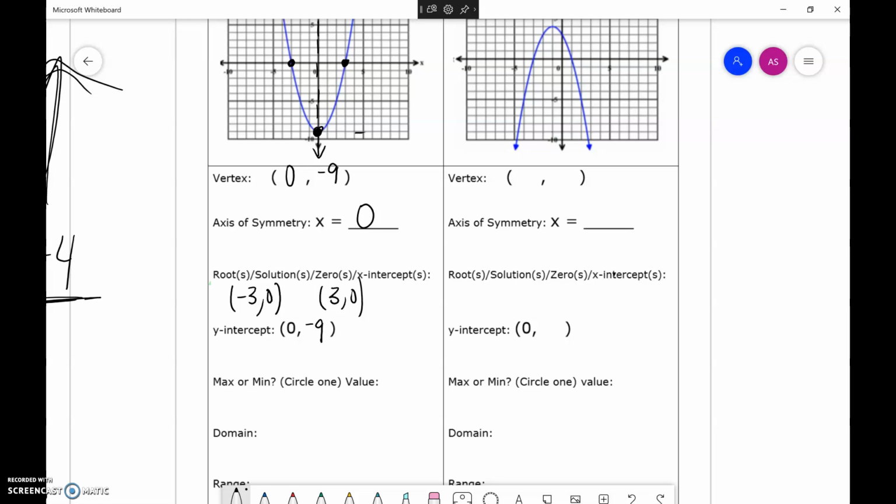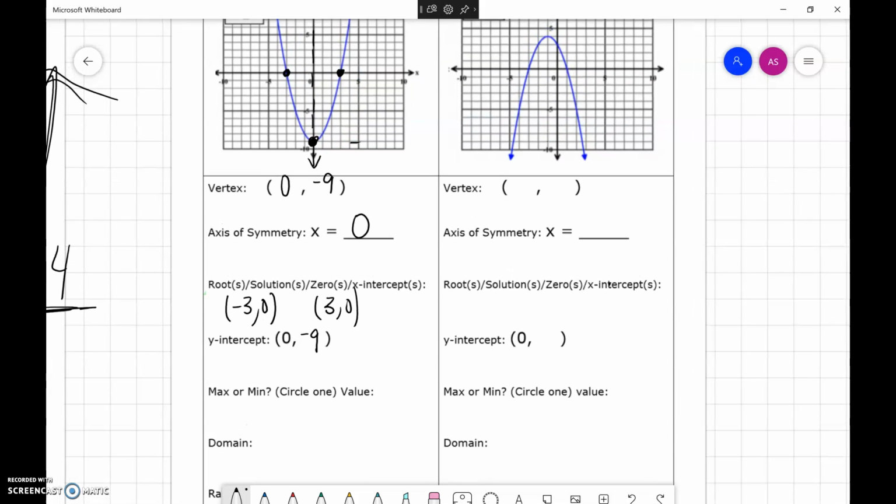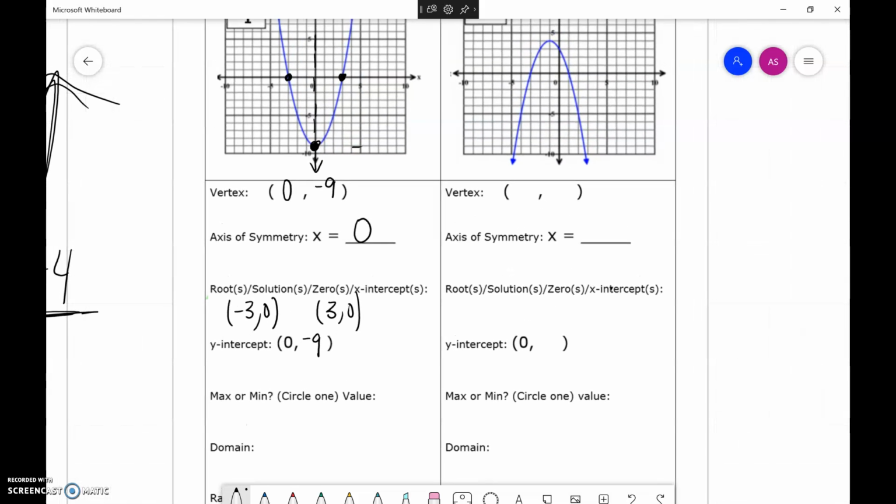It may not always work out like that, but this one did. Then I want to see, is it a minimum or maximum point? This point here is my lowest point, so we're going to put minimum, and our minimum value is -9 because that's the y value of our vertex.